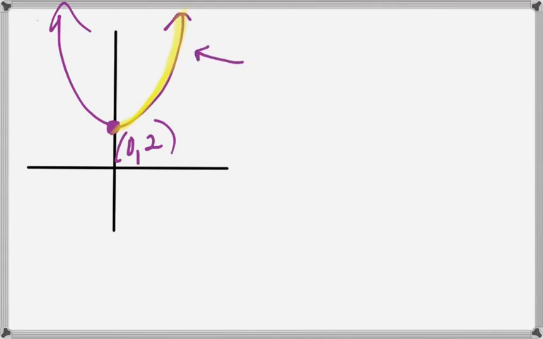So over here, the function is increasing. Right? And then decreasing means that as we move from left to right, the y values get smaller. So as we move from left to right, the graph will go down. So the left half of this graph is decreasing.